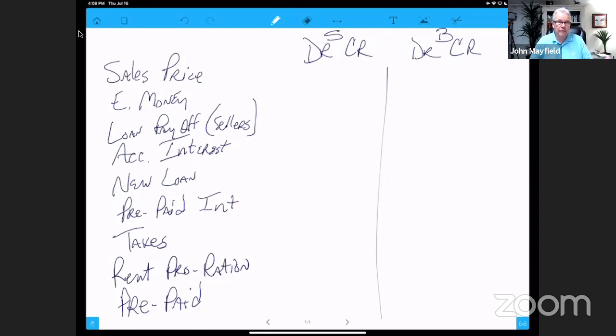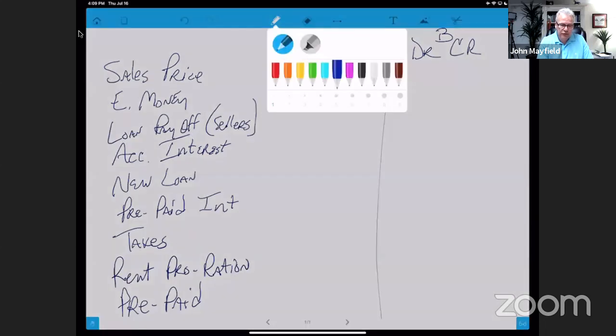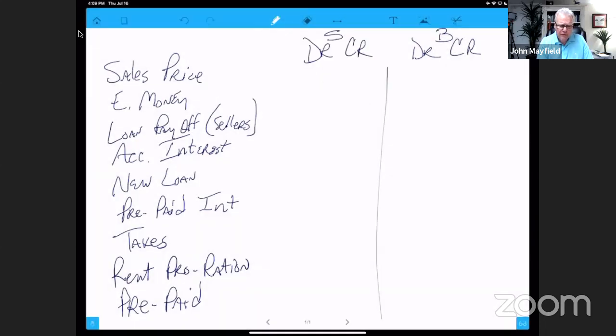That could be a potential test question. Well, if you are a seller, that's going to be a credit to the seller, and it would be a debit to the buyer.